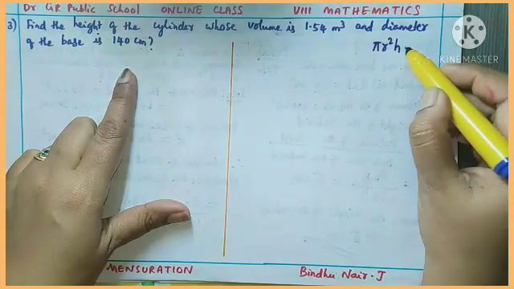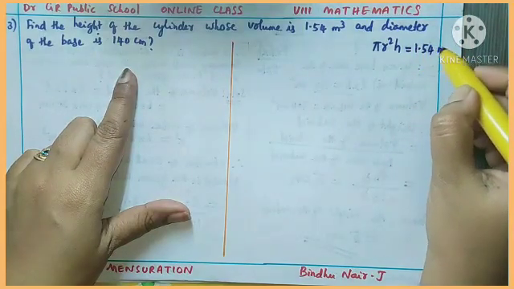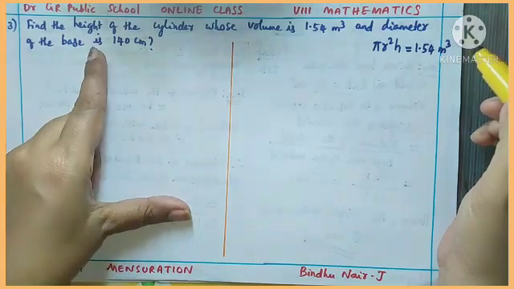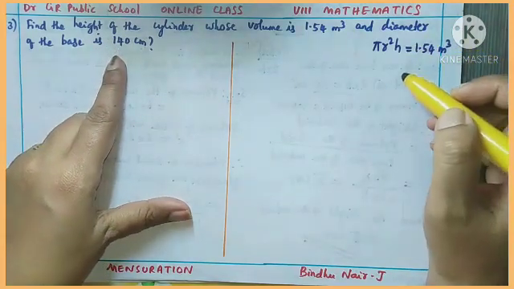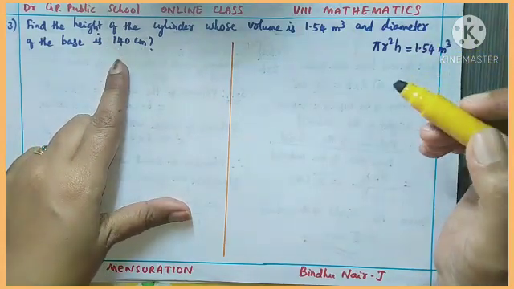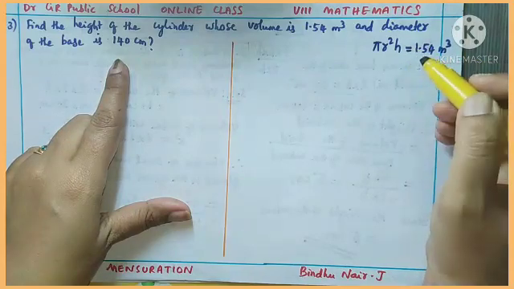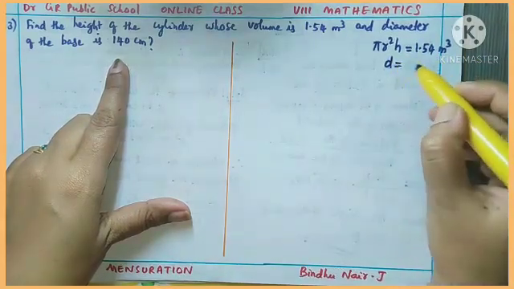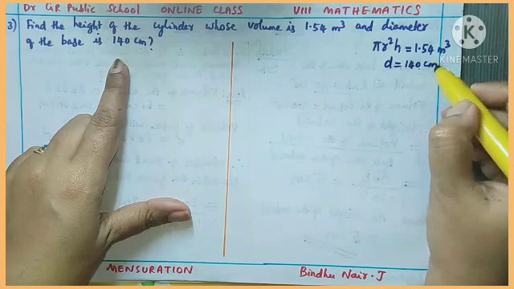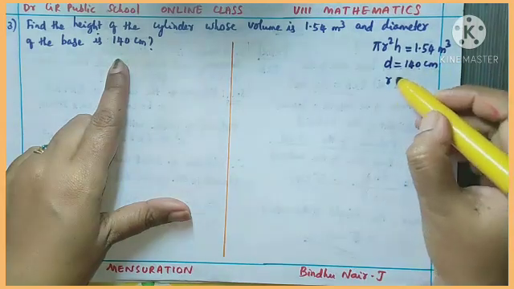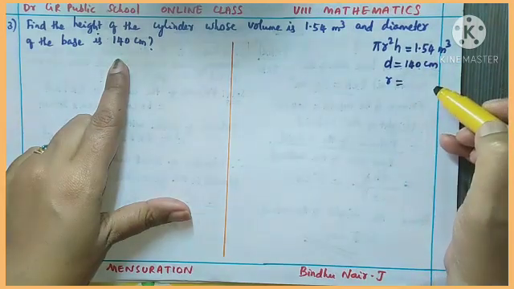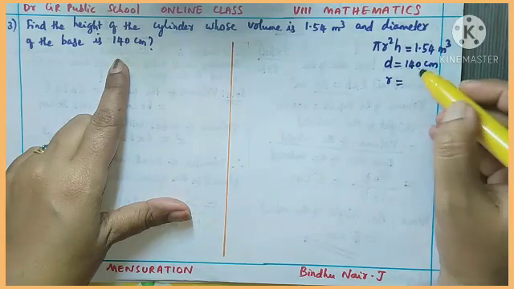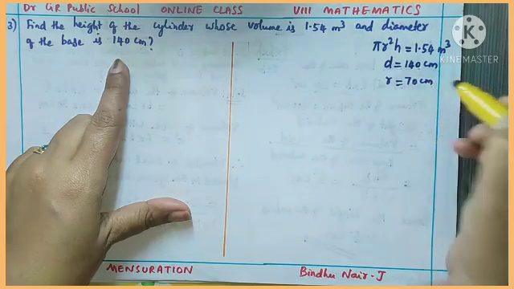So the volume is given, 1.54 meter cube, and the diameter of the base is given. You know a cylinder's base means circle shape. So its diameter is given, 140 centimeter. So from the diameter you can find the radius, correct? What is the radius? Half of the diameter, that is 70 centimeters.